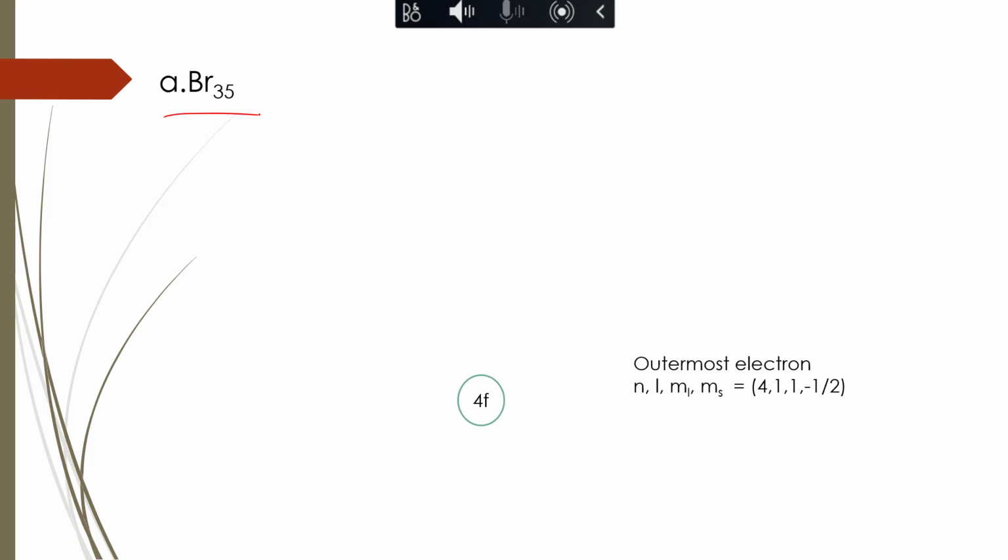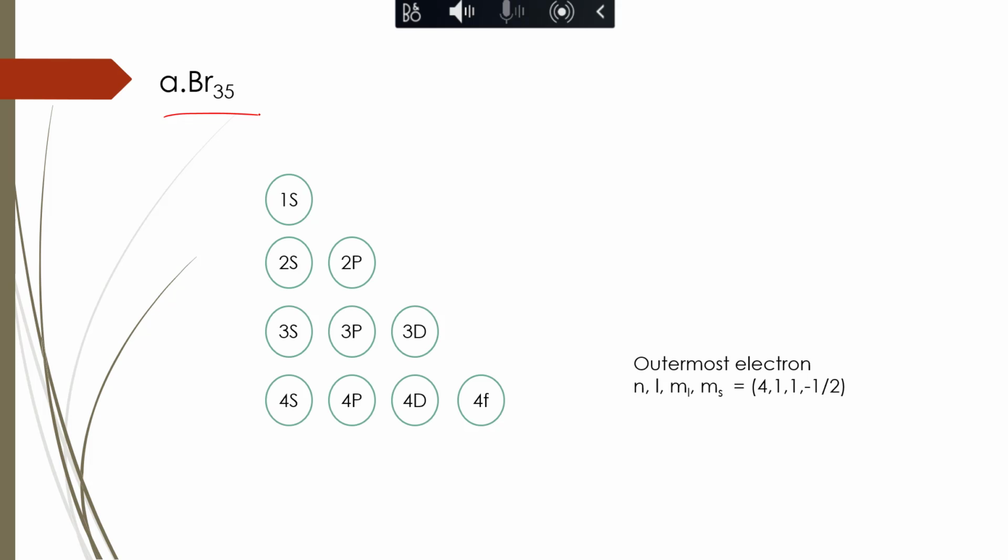Next, for bromine, the atomic number is 35. What you can see here is that you can start with the diagram: put here 2, 2, 6, following what we did for calcium, which is 20, so 10 are filled, then 2, 6, and here 2. If we follow the direction, do we have to go to 4p?